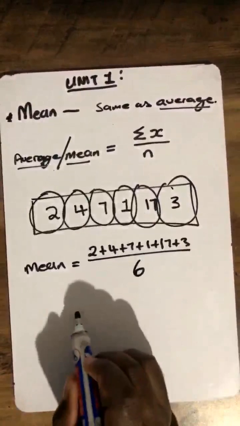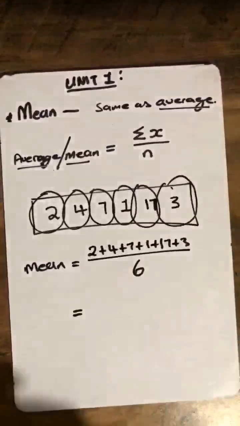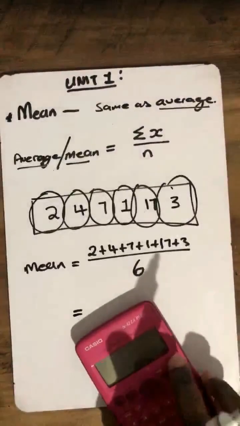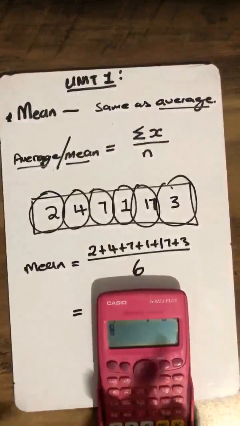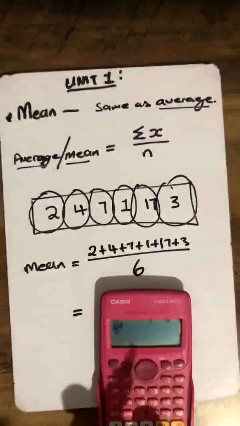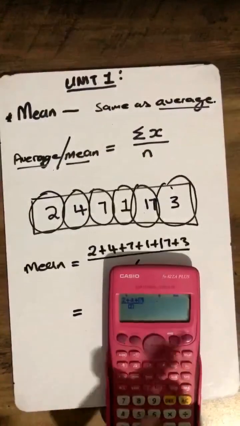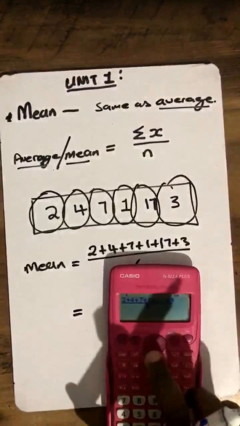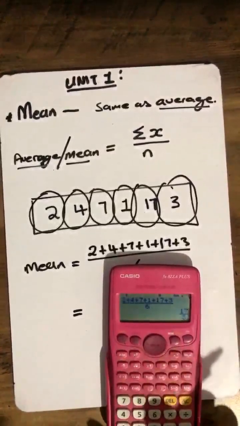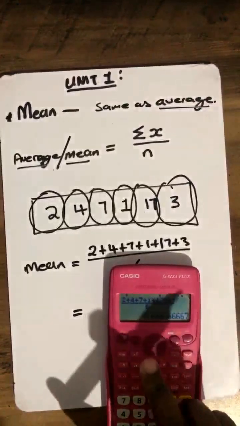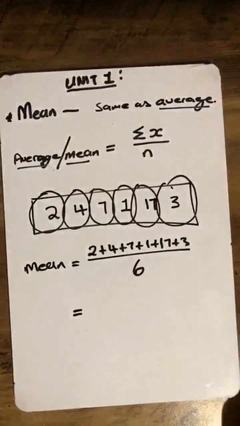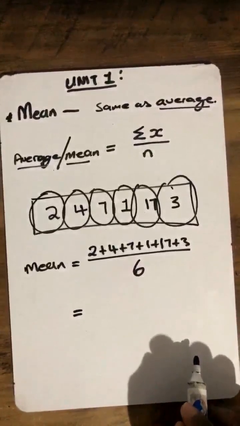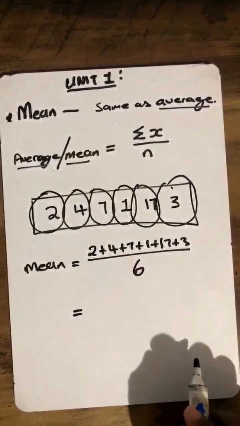So when we calculate all of that, what answer are we getting, the honorable members? So let's see. We are then going to say fraction pattern. We say 2 plus 4 plus 7 plus 1 plus 17 plus 3. At the bottom, we say divided by 6, and then we get 5.66, which to the nearest value, we can just say 6.